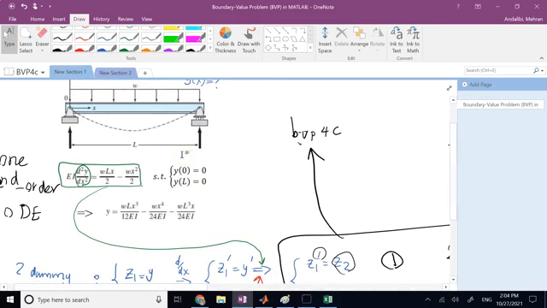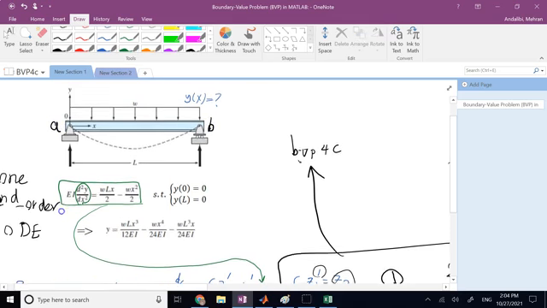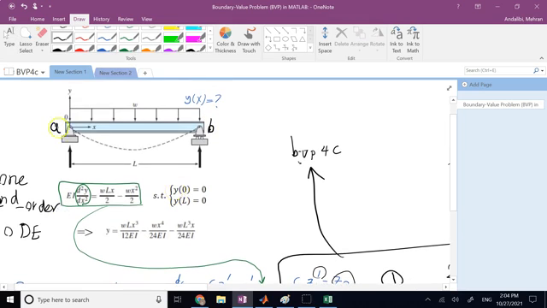So at the left side of the boundary, which in MATLAB you call A, and on the right side, which you call B, in both cases, y at A is 0 and y at B is equal to 0. So what you need to provide in that boundary value function is the functions that are equal to 0, these two functions, what they are.